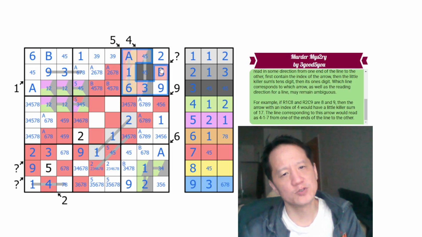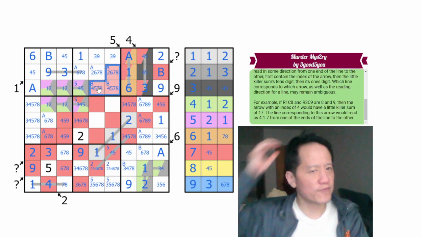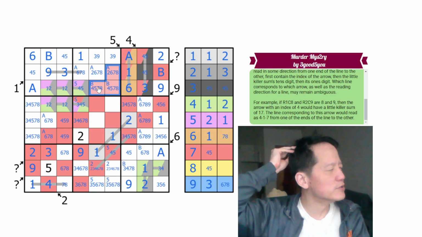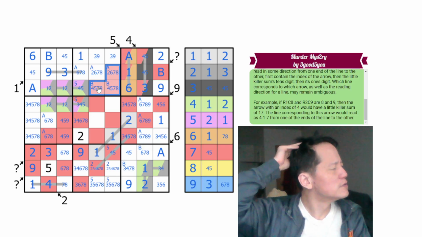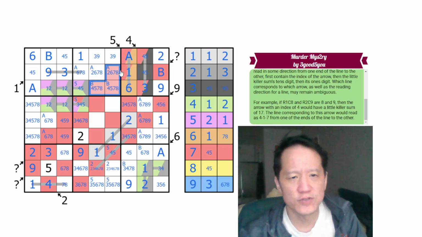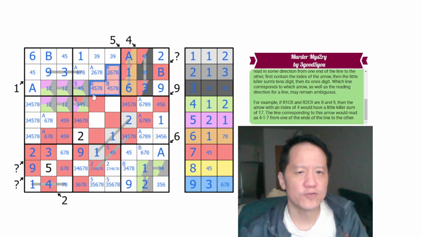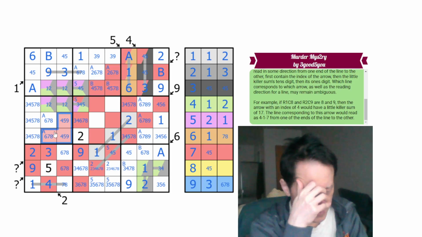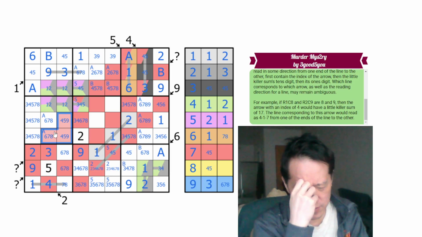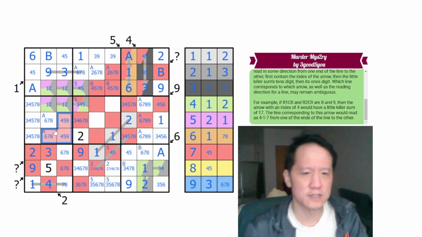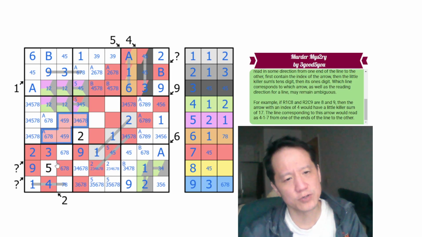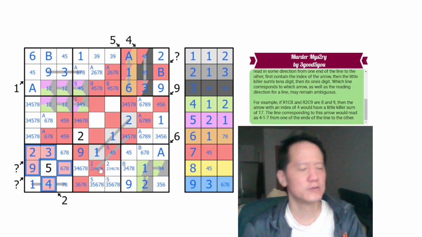So again, we have at most 24 here, 7 and 8 with 5, which would be 20. So it's 44 at least, at most here. Oh, this is 5 digits too. It's 44 for that. This can be 9, 5, and 8, which is 22 at most. So it's 66. This could be 9, 8, 9 total.